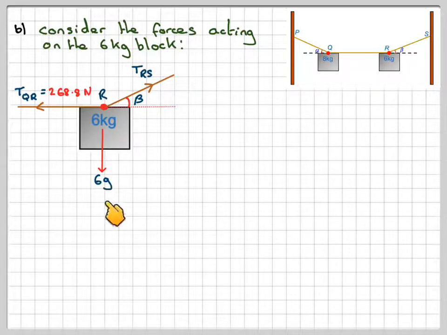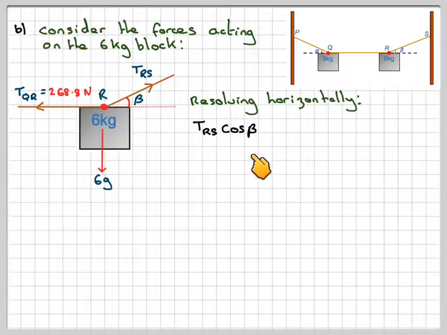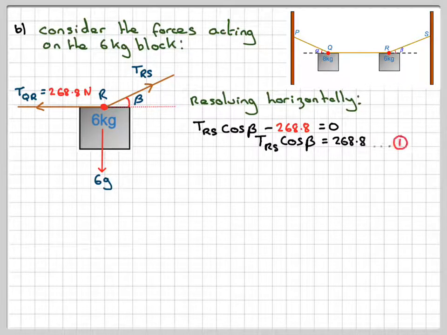And 6G acting downwards. Again, same idea, resolving horizontally this time. We're going to have TRS cos of beta minus 268.8 is equal to 0. And that's going to give TRS cos beta is equal to 268.8. We'll call that equation 1.